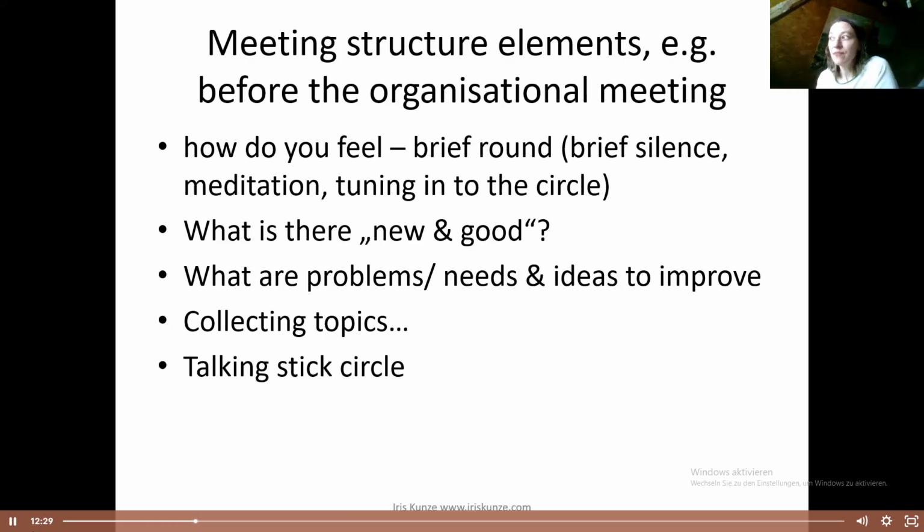Yeah, I can speak to that. My experience in that community, which was a co-housing community, was that the only space in the monthly meetings was basically talking stick circle time, where you just share about your life and what you want to share with the group.